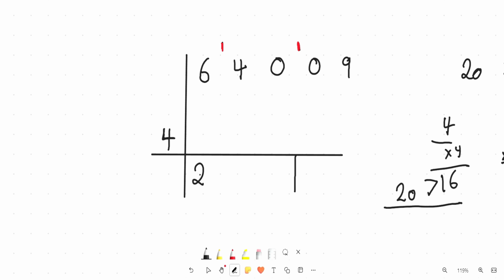And so what did we get? 2 squared is 4. So 6 minus 4. We subtract over here. 6 minus 4 would give us a 2. And now we write this 2 over here. So we carry it forward. And we divide by 4.